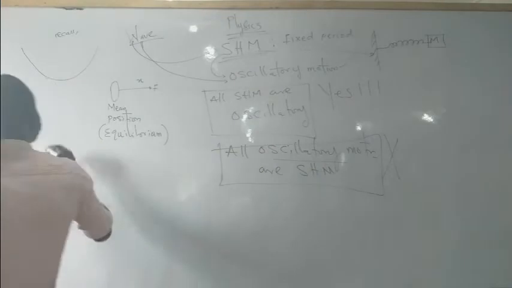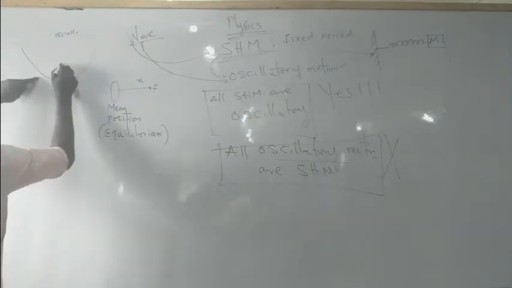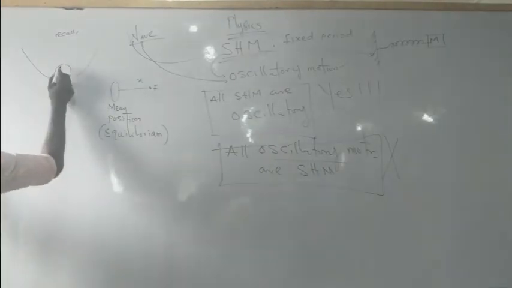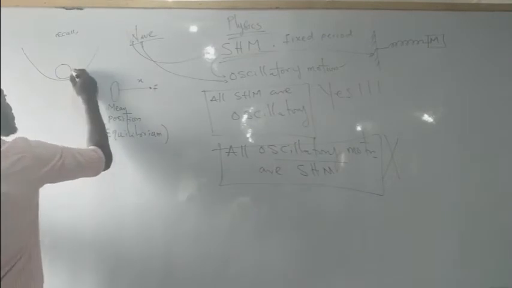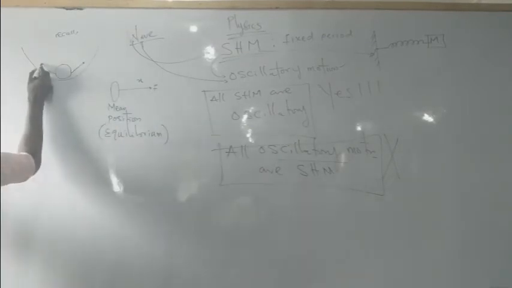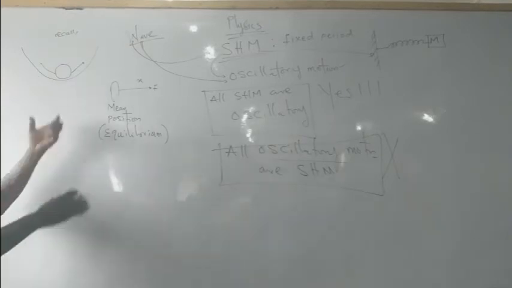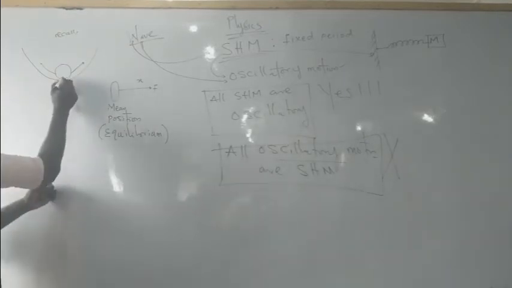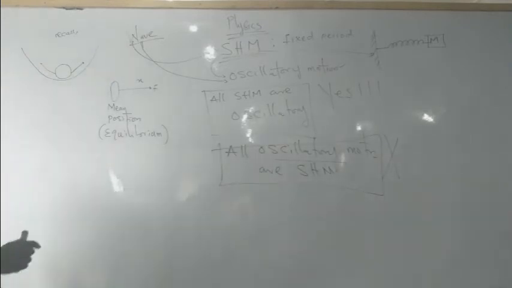So let's take for instance that we have a ball here. If this ball is partially displaced towards this side also, it will always relax at the initial position.